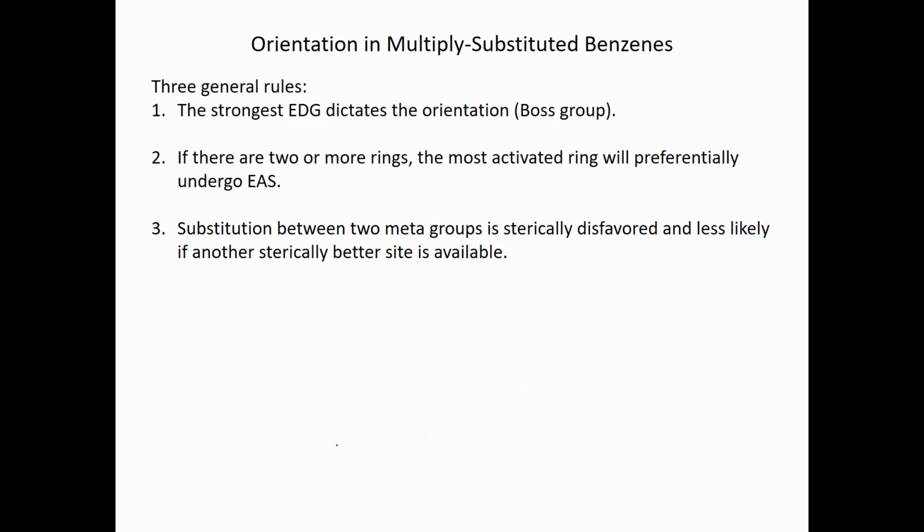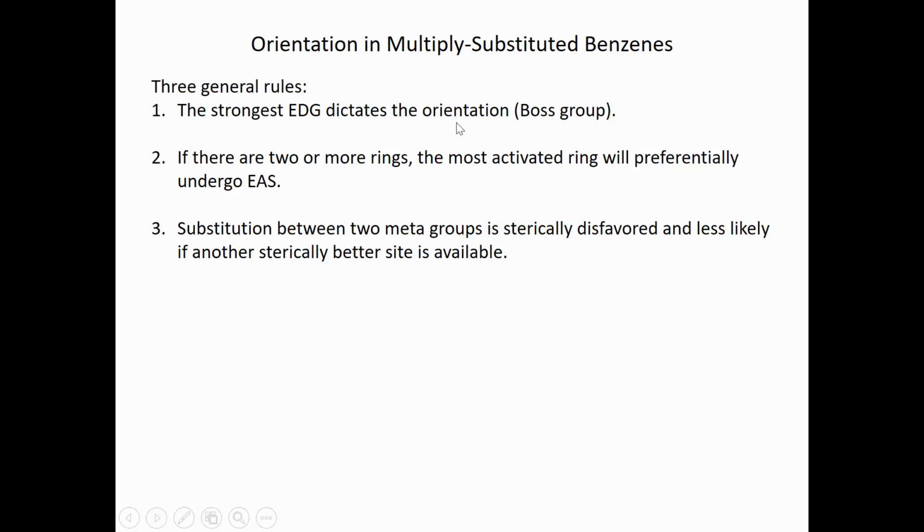All right, and finally in this section, we're going to look at orientation in multiply substituted benzene rings, or benzene rings that have more than one substituent on them. There are three guiding principles here. Principle number one, and this is the most important one, the strongest electron donating group dictates the orientation.